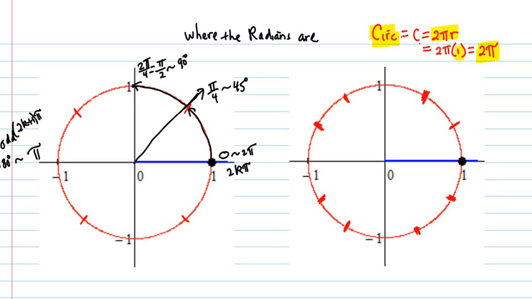Then you go another pi over 4 to here. So that's 3 pi over 4. And then coming down to here, that's 4 pi over 4, which is pi.